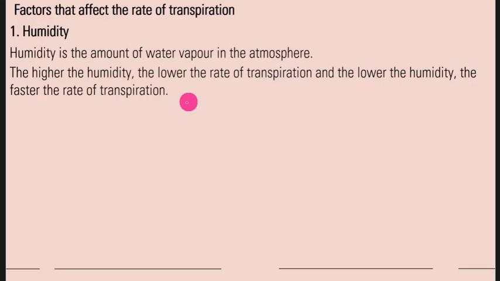So the higher the humidity, meaning the more water vapor in the air, the lower the rate of transpiration, and the lower the humidity, the faster the rate of transpiration. Meaning, if the atmosphere around the plant is dry, with no water particles, then you expect the plant to lose more water to that environment.